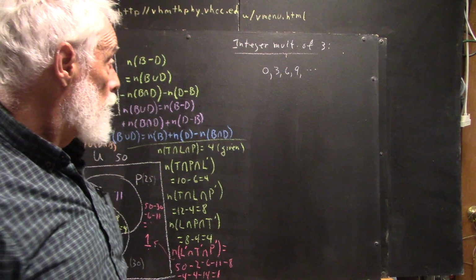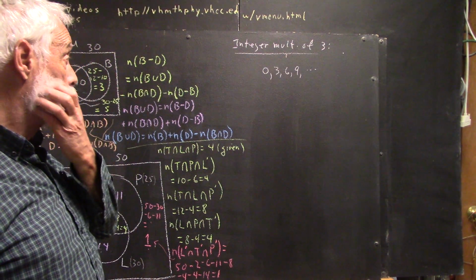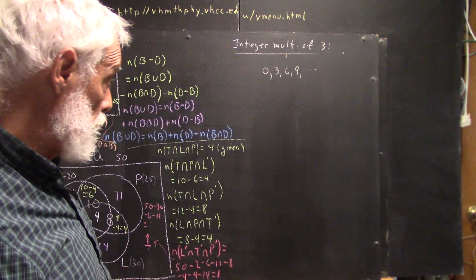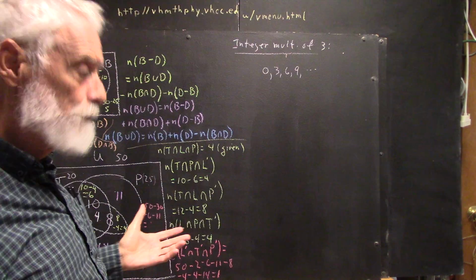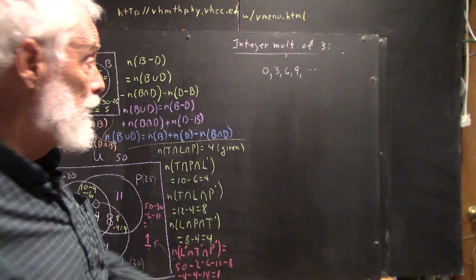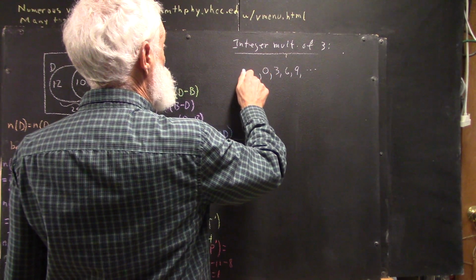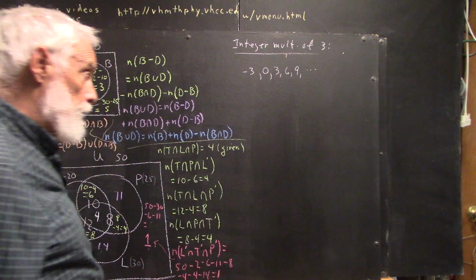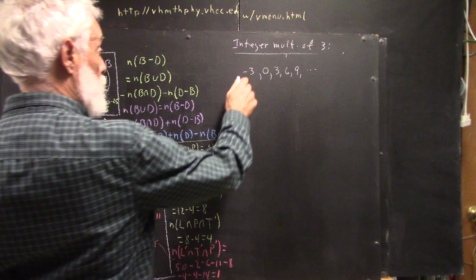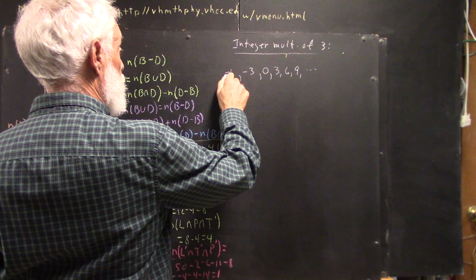And there are other integer multiples of 3. Can you think of what they might be? You ought to pause and think about this if you don't know. Well, -1 is an integer. If you multiply -1 by 3, you get -3. And a reasonable place to label that would be here. And -2 times 3 is -6.